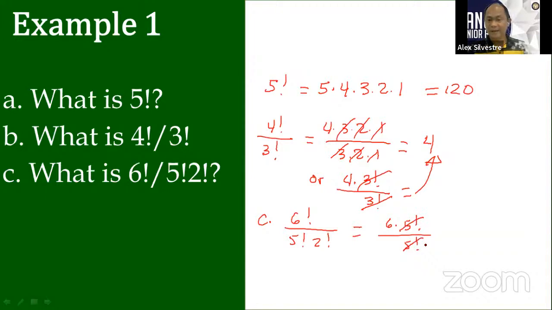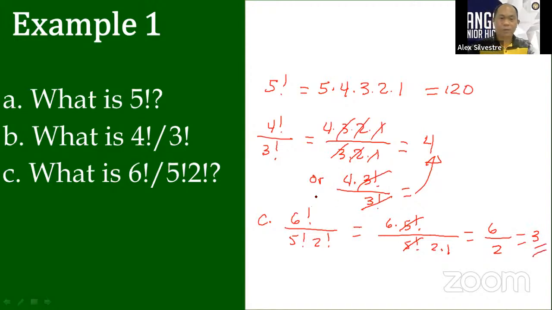Then what remains in the denominator is 2 factorial, which we expand as 2 times 1. This way the numbers you write do not multiply, especially if it is a large number. In the numerator that becomes 6, divided by 2 times 1 in the denominator, which becomes 2. If you simplify, the answer becomes 3.